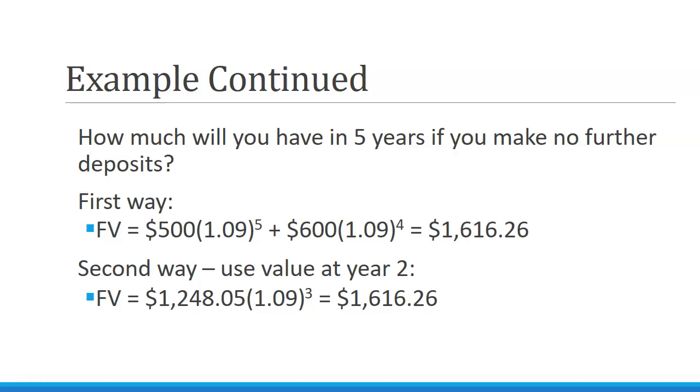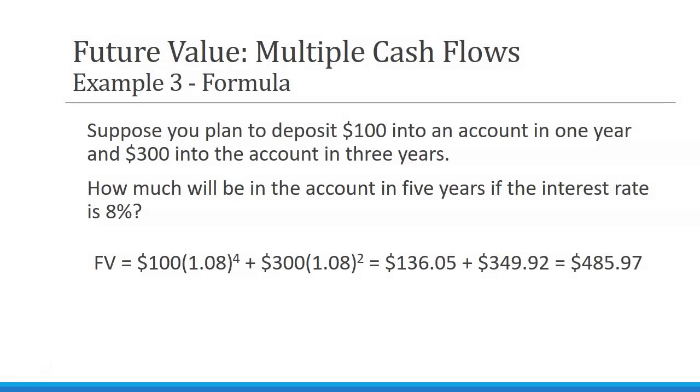So there are multiple ways, much like in chapter 4, that we can do those calculations. What if we plan to deposit $100 into an account in 1 year and then $300 into the account in 3 years? So at the end of year 1, we put $100 in.